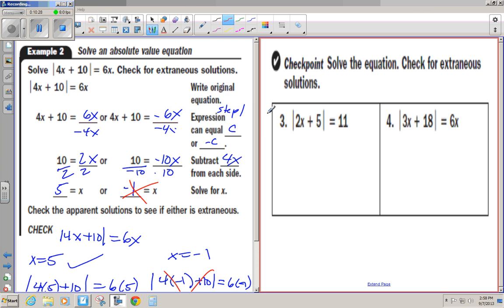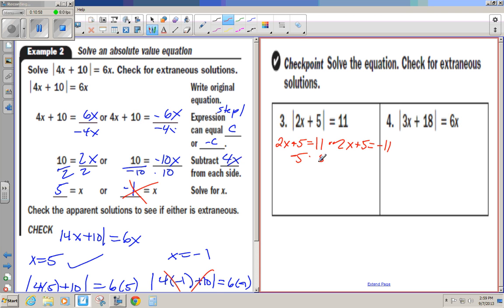So pause the video. Follow the example over here that you just watched. It should still be on the screen. And try to solve number 3 and number 4 on your own. And if you can't, just keep watching. And here we go. First start off 2x plus 5 equals 11, or 2x plus 5 equals negative 11.